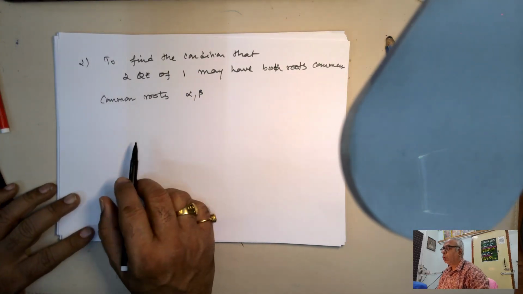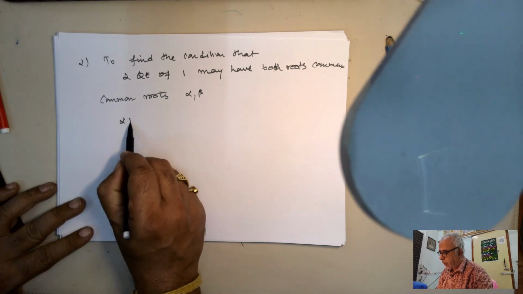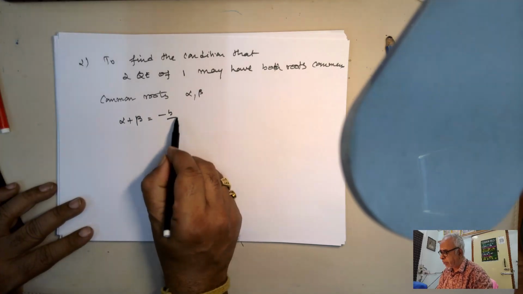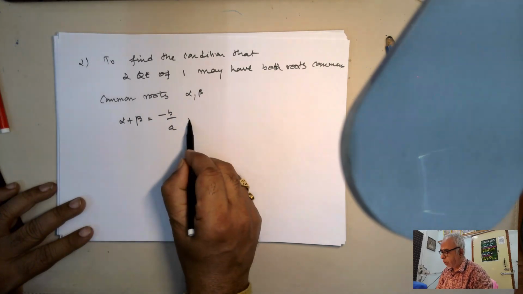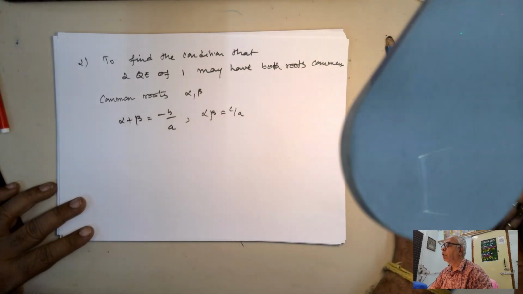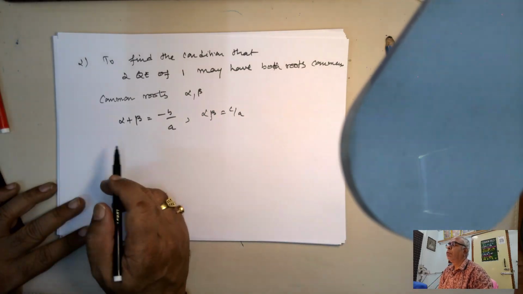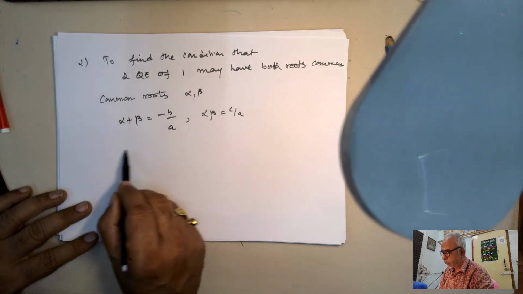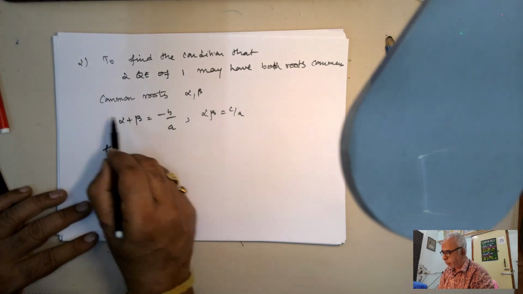So in this case, alpha plus beta, the sum of roots, is nothing but minus b by a, and the product of roots is c by a. This is from the first one.